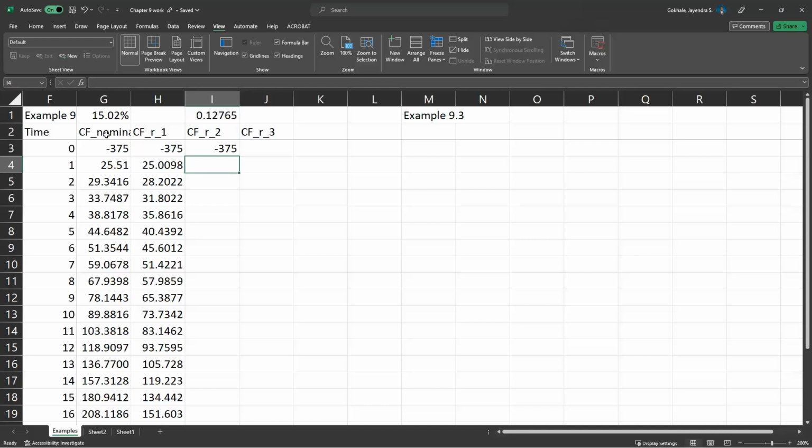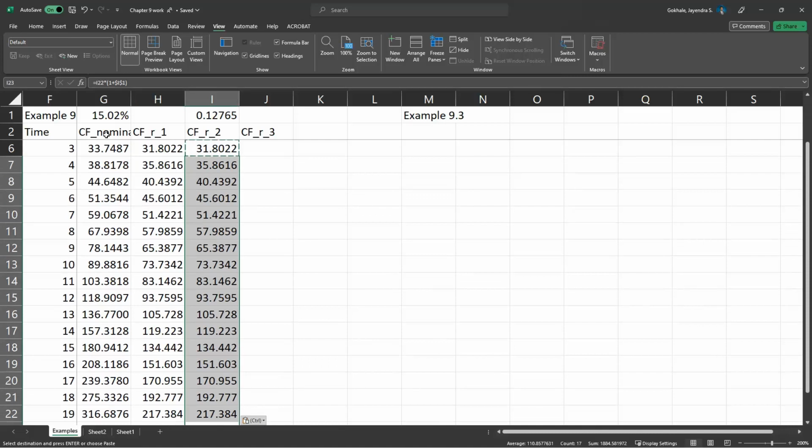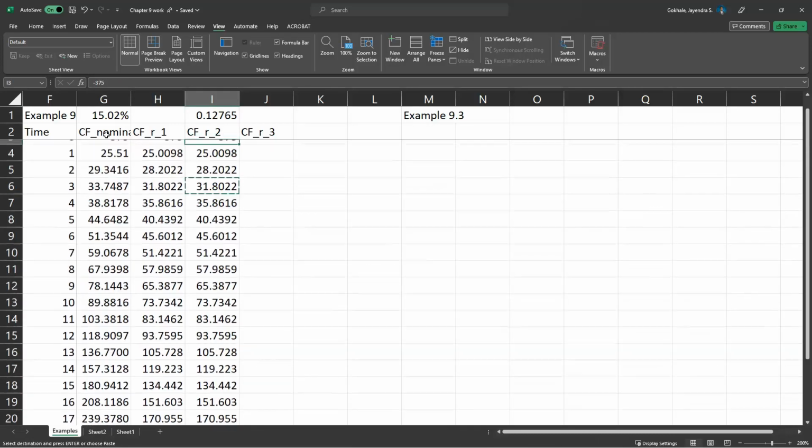Now, CF1 is going to be this divided by 1.02. That is the real cash flow for the period 1. But the next cash flow is this times parenthesis 1 plus $I$1. So its growth rate is itself inflation adjusted. So you can see same answers. So Control C, Control down, Shift Control up, Control V. We got the same answers.